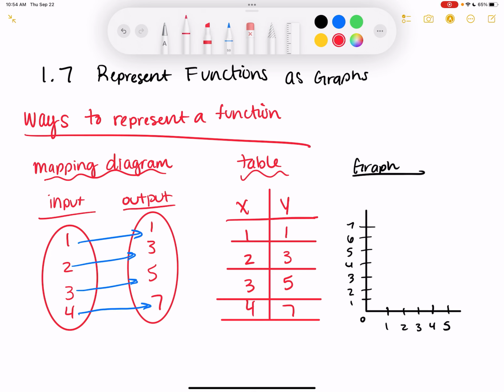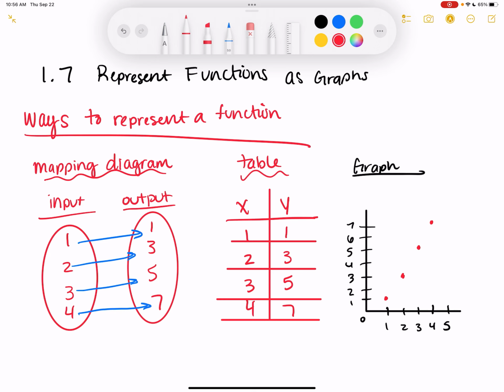So the point 1, 1, we go to 1 on the X, up to 1 on the Y, and we plot the point. The point 2, 3, we go X is 2, Y is 3. At 3, we go to X is 3, Y is 5. And then for 4, we've got X is 4 and Y is 7. Okay, and then just those points are just plotted on there.